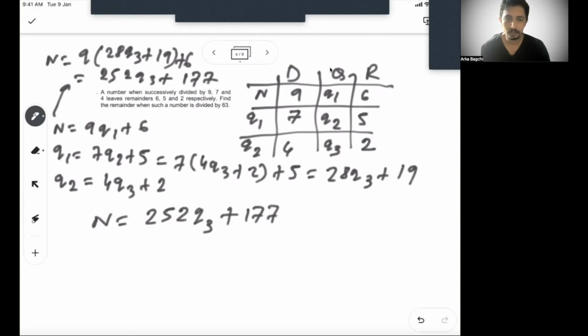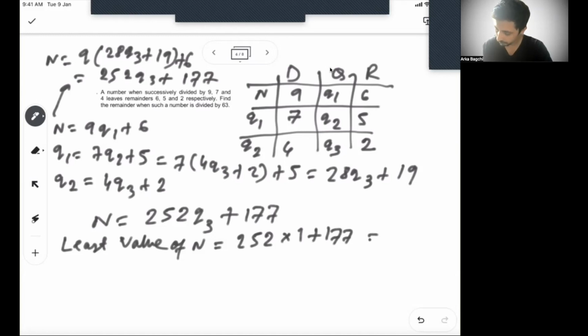So the least value of n will be 252 into 1 plus 177, or 429. The least value of such a number is 429.